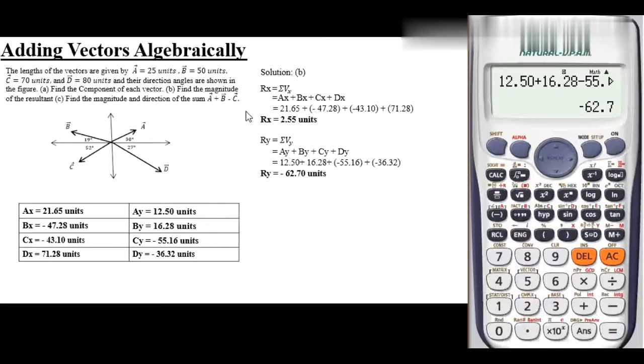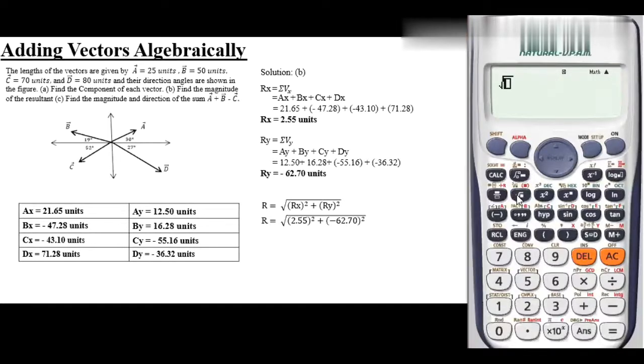Ngayong nakuha na po natin yung kanyang Rx and Ry, we can now solve for the magnitude of the vectors by using Pythagorean theorem. That is, R is equal to the square root of Rx squared plus Ry squared. Plugging the values, we have R is equal to the square root of 2.55 squared plus negative 62.70 squared.